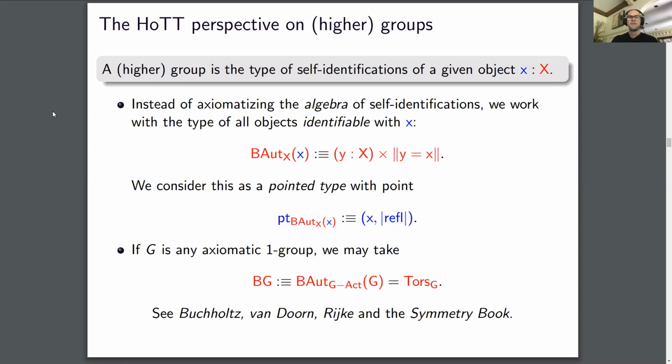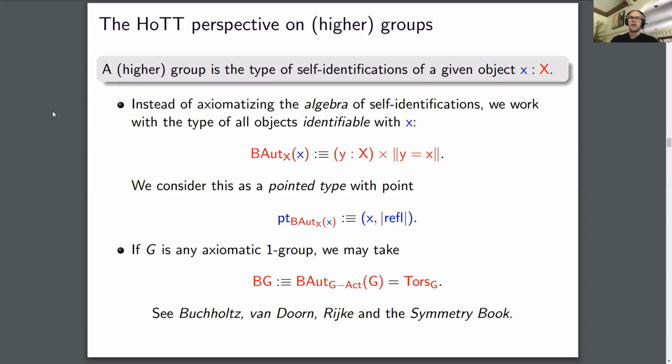So instead of axiomatizing the algebra of self-identifications, like saying you can compose self-identifications, that it's associative, you have a unit, you have inverses, and so on, we work with the type of all objects which are identifiable with our given fixed reference object. And so this is a really important definition here I'll use a lot.